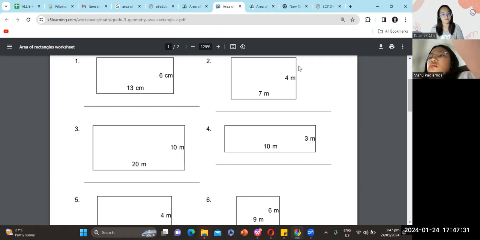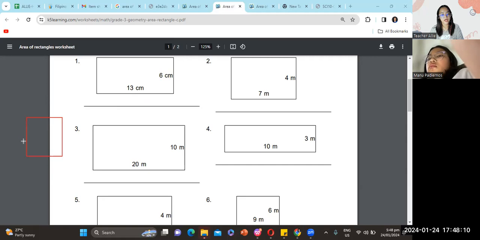Let's identify. For number 1, the length is 13 cm, or centimeter, right? And then how about the width? That is 6 centimeters. So if you multiply them, what's the final answer?